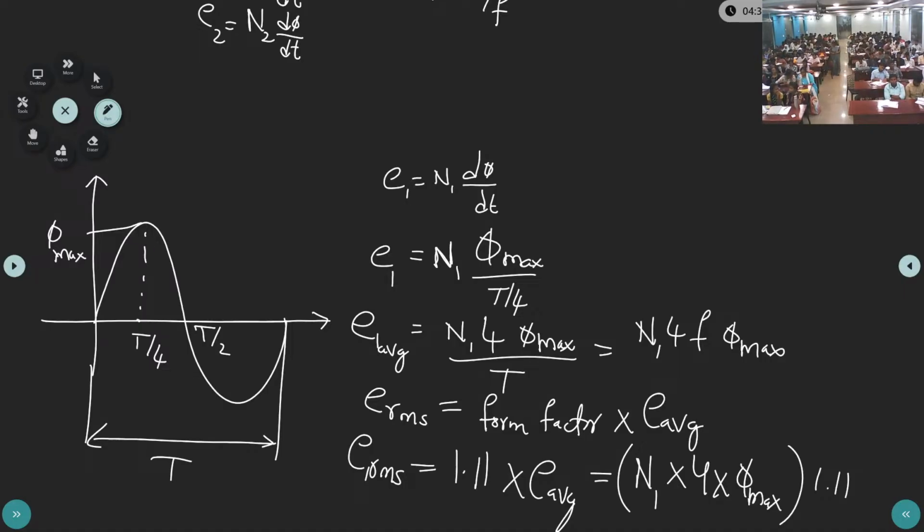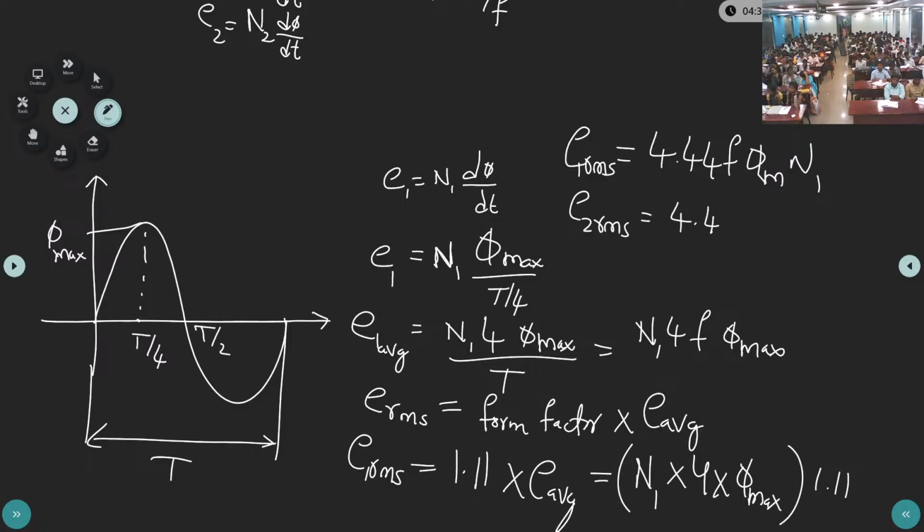So E RMS of the primary is nothing but 4.44 F φ max N1. E2 RMS is nothing but 4.44 F φ max into N2, in volts.